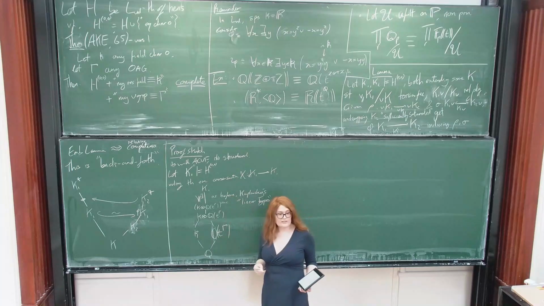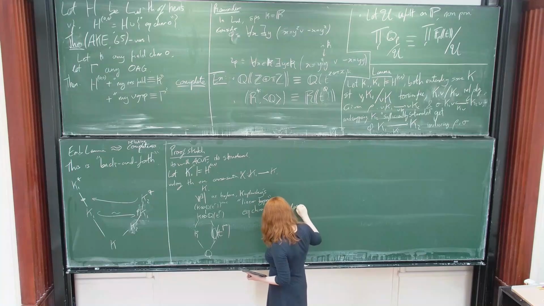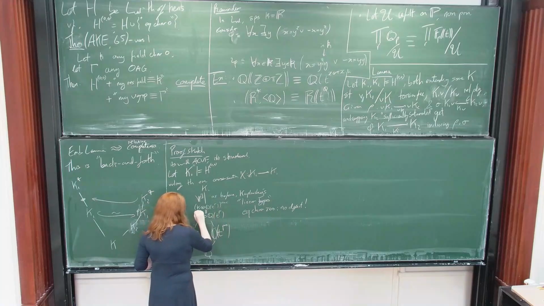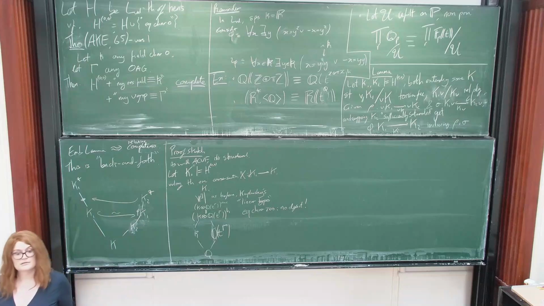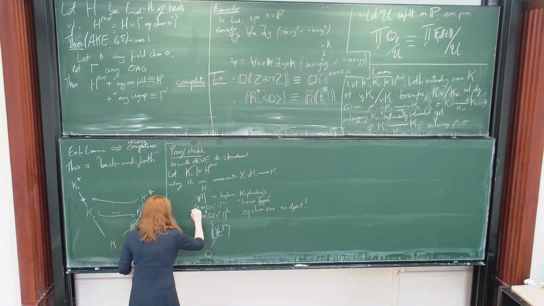Since we're in equal characteristic 0, there's no defect. Which means this already equals the Henselization of that. That's the magic. Because in fact this part's already immediate.